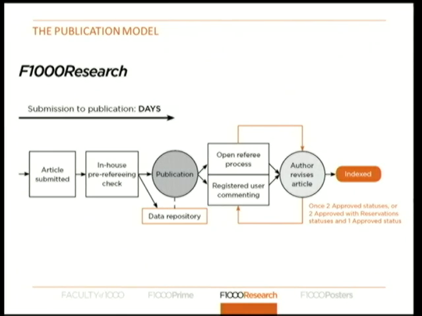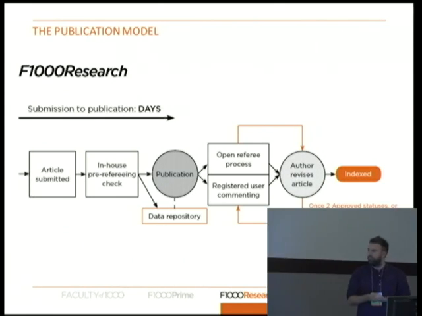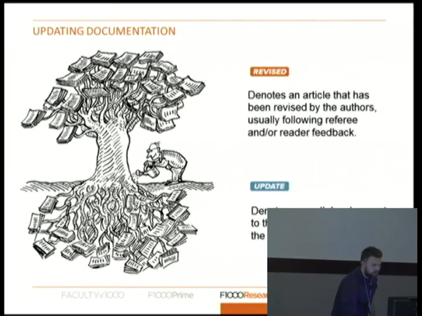And then the open peer review process starts, and obviously this goes round and round. You're going to get revisions from the referees, and the authors can then put these revisions into new versions, and once the new version's published and it reaches our criteria, it is then indexed in PubMed and Scopus.